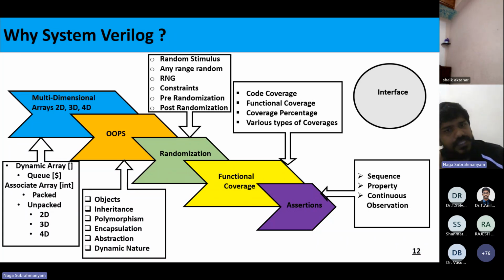Randomization: suppose they want extreme random data in their design, they may want to design a random number generator. This can be helpful, but this is mostly inclined towards verification. Coverage is completely inclined towards verification.